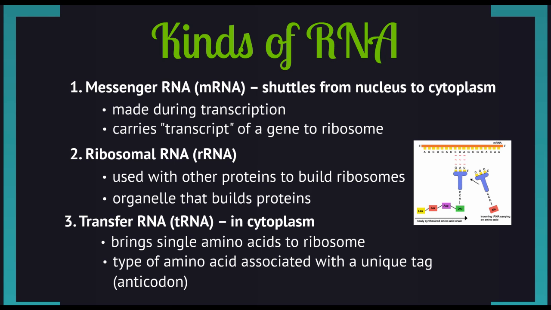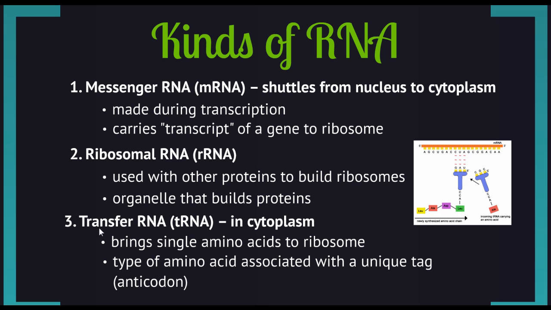That's what's happening with gene expression. We're taking a recipe and actually making it. And if we look at the different kinds of RNA, they're going to support this process. So if DNA is the master cookbook, messenger RNA is the copy of that recipe. Ribosomal RNA and the ribosomes are going to be the chefs. They're actually implementing what the recipe says. And the transfer RNAs are the sous chefs.